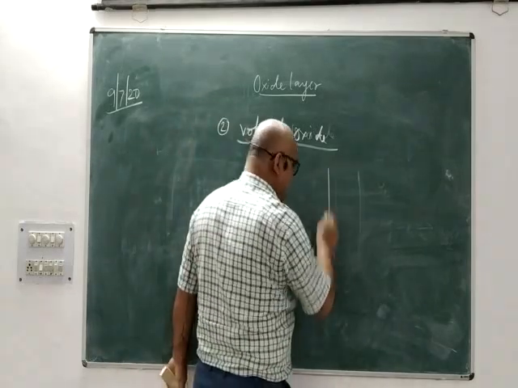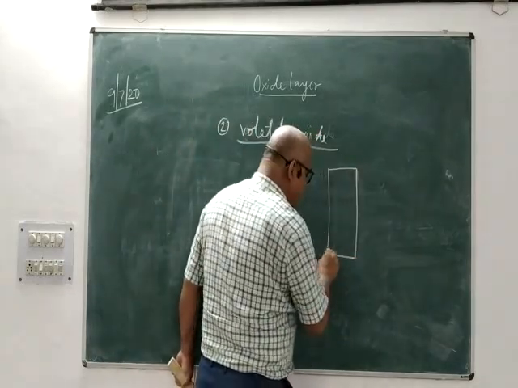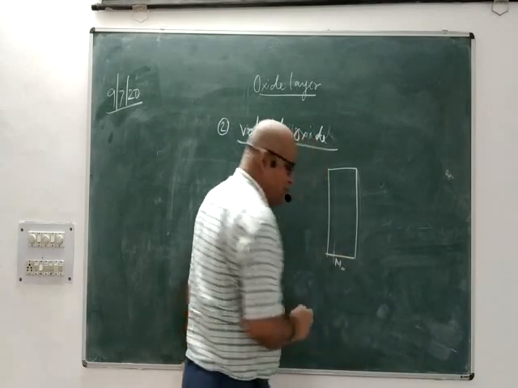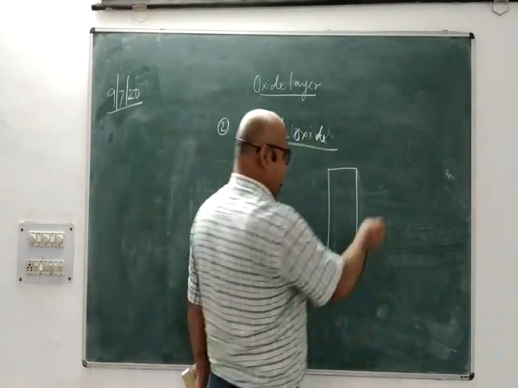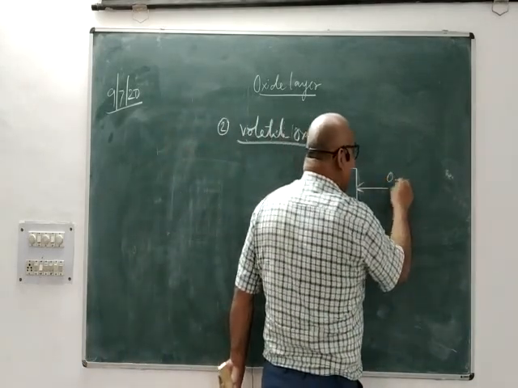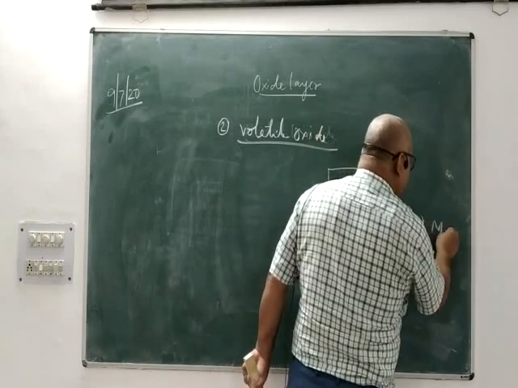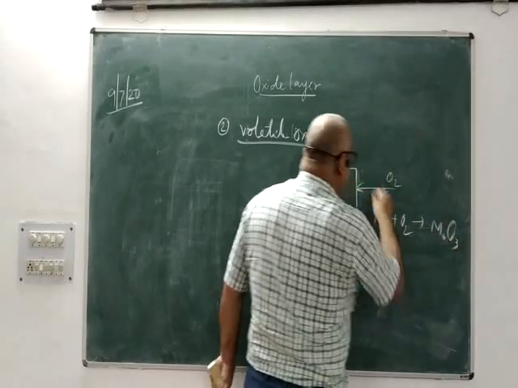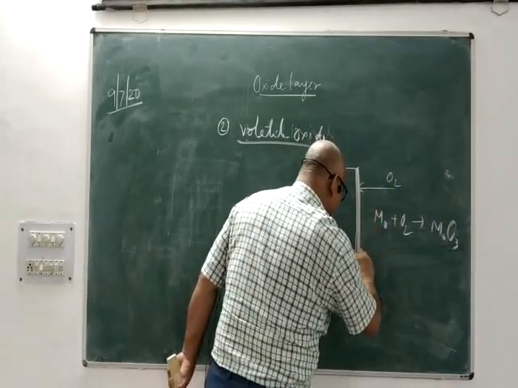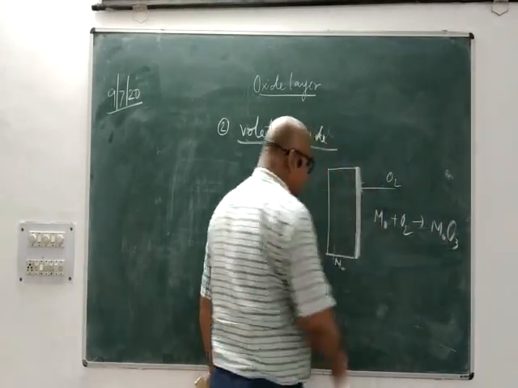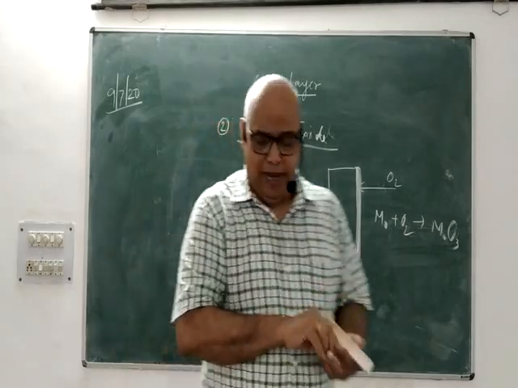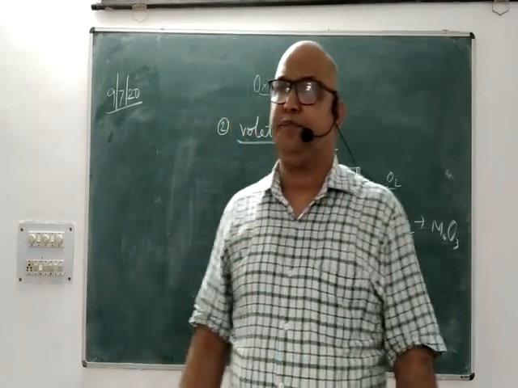Suppose you have made a metallic structure made of molybdenum. We know that if it is attacked by oxygen, it will form MoO3. This is your oxide layer. Here I would like to give one example.